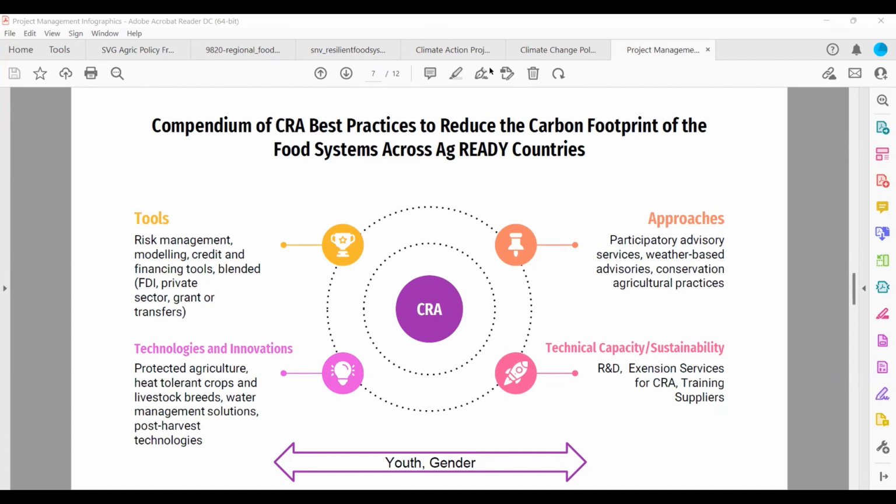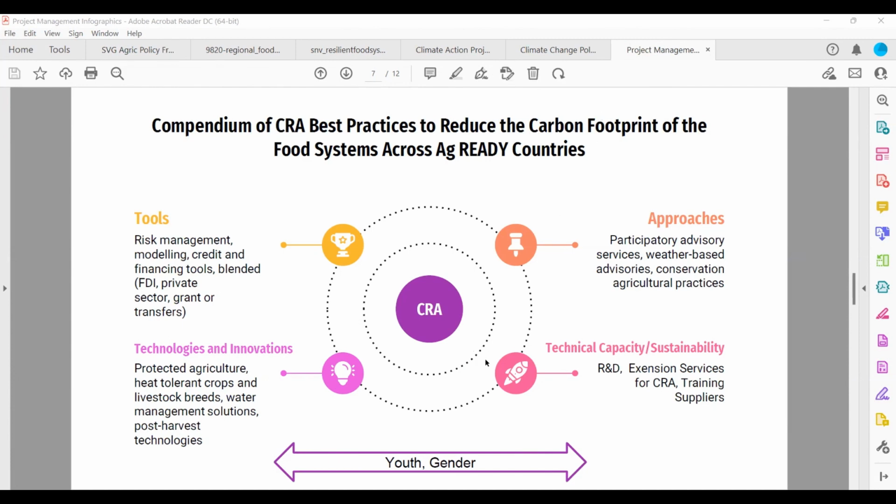Technologies and innovations: protected agriculture. I know a lot of countries are going into the protected agriculture, breeding for heat-tolerant crops and livestock, water management solutions, post-harvest technologies. And this is by no means an extensive look at the approaches, but whatever you have to be discussed today, and we look at what go forward.